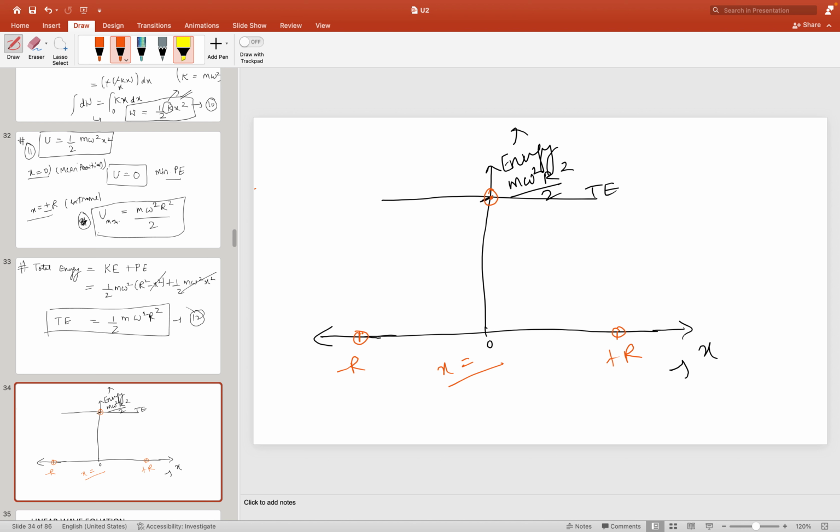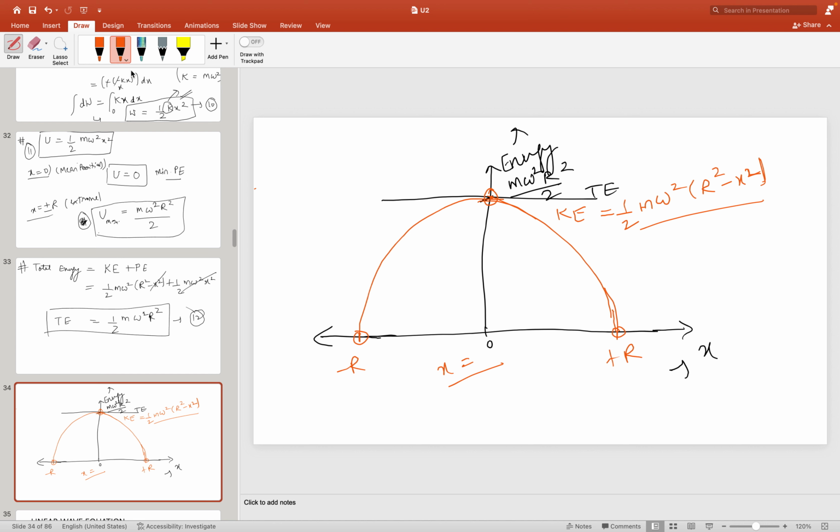It's a parabolic curve, so I can draw it by joining the points and tracing the equation. By keeping different points, I get this kind of curve. This is the curve for kinetic energy, which is equal to half m omega square (r square minus x square). So depending on the variation of x values, I can plot this curve.